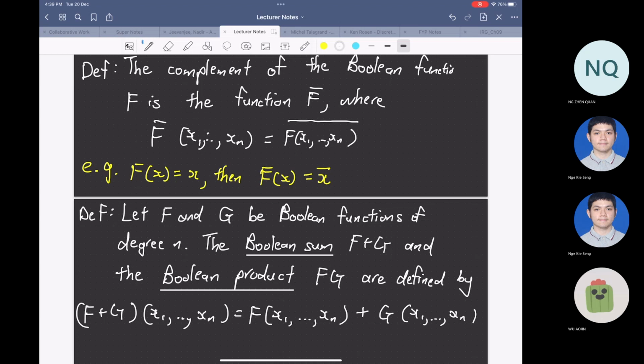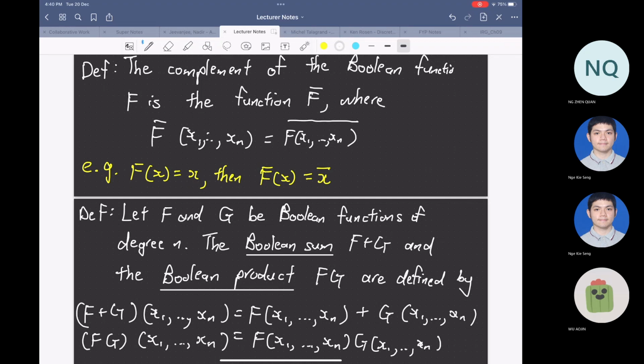This is how we define the sum and the product of Boolean functions. Make sense?